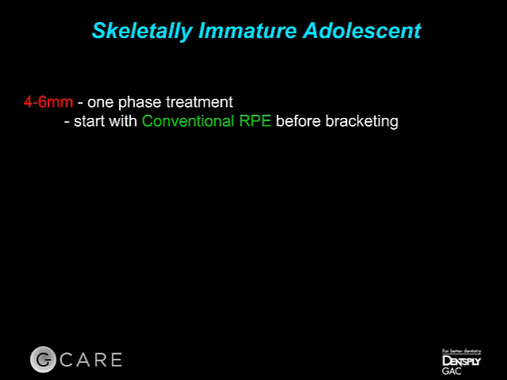I know I can easily get that amount of change that I need to get under that 3 millimeter mark with just using a conventional RPE right before braces and putting the screw as high up as possible. I feel very comfortable saying that if there's a 6 millimeter discrepancy, I can get 3 millimeters of change right before I put braces on.